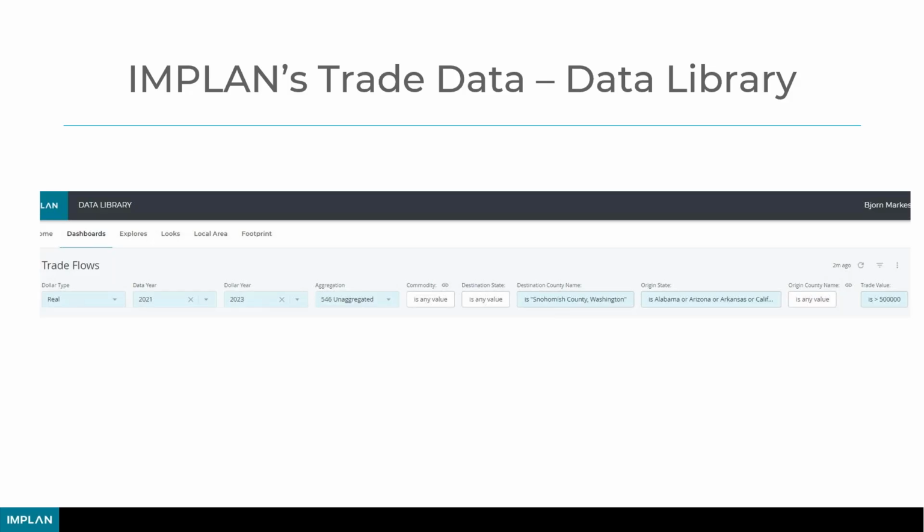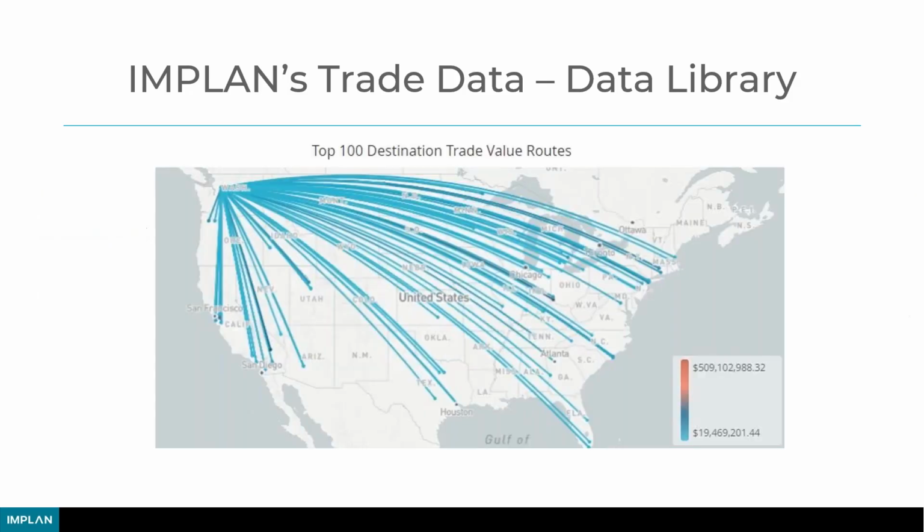So again, when we're building that trade flow data, we estimate it down to a pretty tight dollar value. So I don't want all of those data in the data table. I just want the big trades. So this is how I'm filtering it.